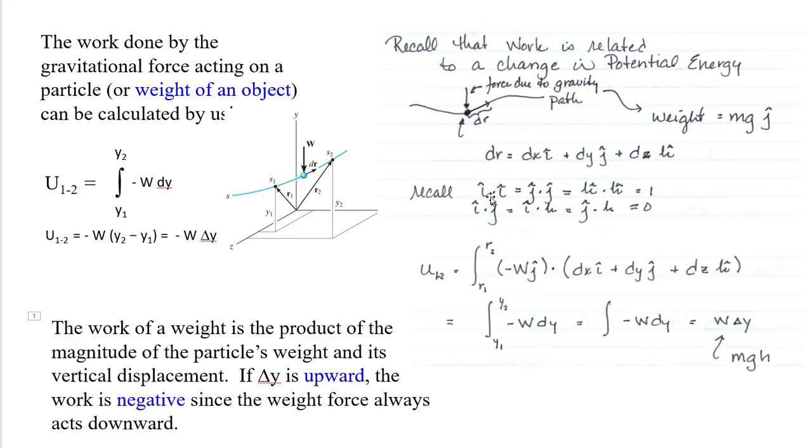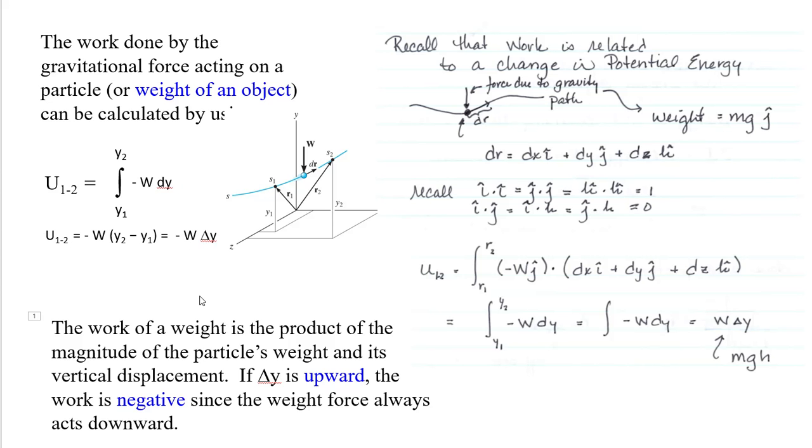And we recall that the scalar product of i dot i, j dot j, k dot k is equal to 1, and any other iteration is going to equal 0. We can look at this in terms of our dot product, and we're going to end up in the same type of an equation as what we get by looking at it from that perspective.